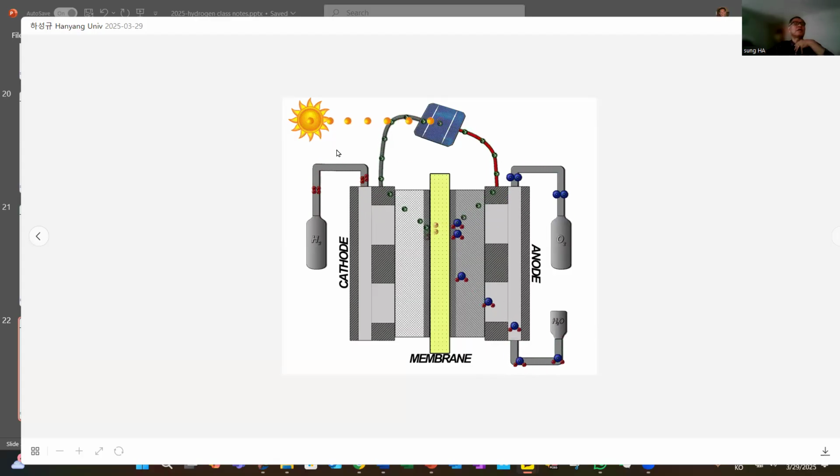That's all we need. Once we have the installation, it costs almost nothing. All is from water, and the solar power is almost free. So this is the most ideal way of generating hydrogen, the PEM method.